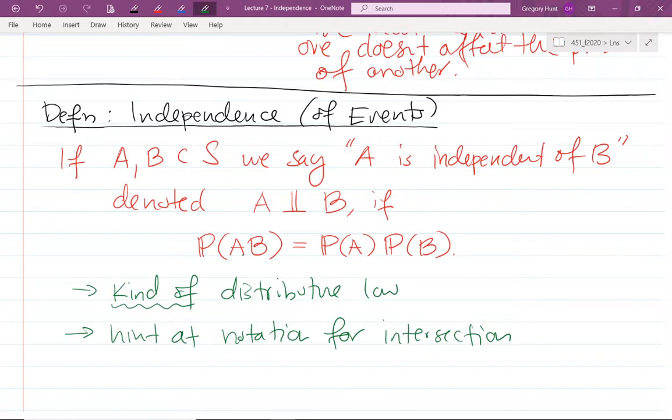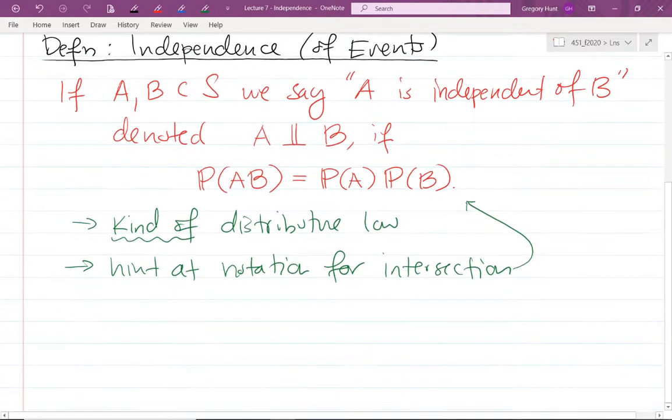The reason for this notation is much clearer now when we look at independence: if events are independent, then the probability of AB is the probability of A times the probability of B. That makes for a nice, slick notation. But this is our formal definition of independence.